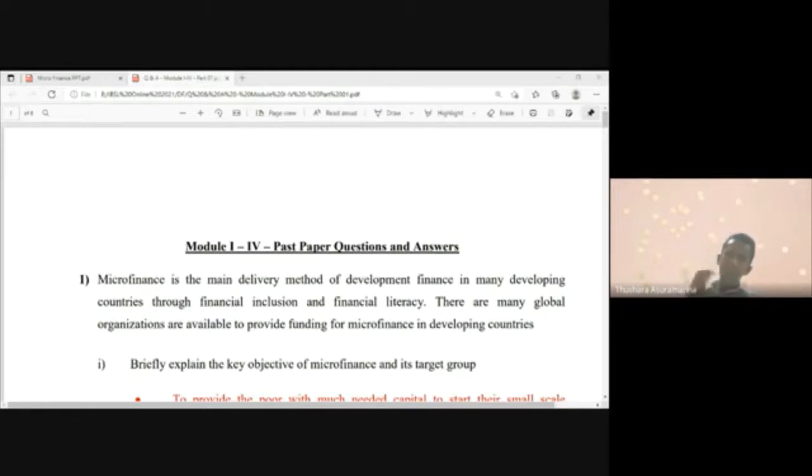Then the target group we also discussed in the presentation: the people below the poverty line, the people who have entrepreneurial skills and attitudes but don't have adequate financial support, or predominantly women engaged in businesses, or the micro entrepreneurs or micro entities in that group.